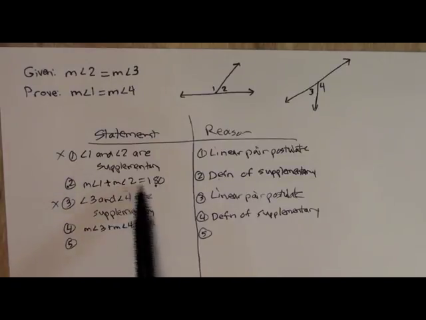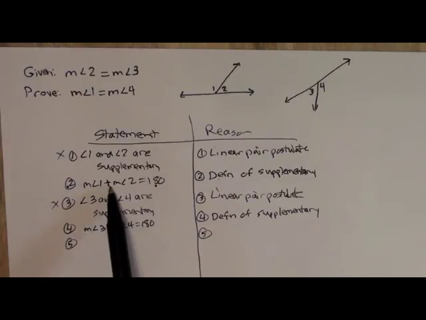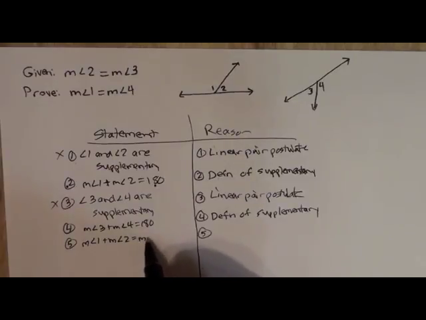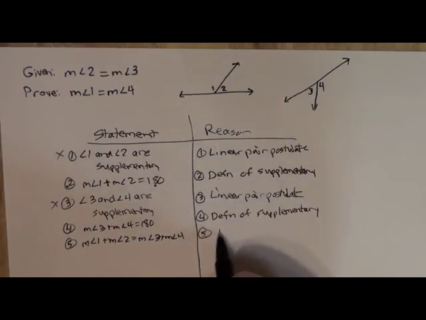Well, the fact that row 2 equals 180 and so does row 4 means that the left side of these two equations also must be equal. The measure of angle 1 plus the measure of angle 2 must equal the measure of angle 3 plus the measure of angle 4. The reason is the transitive property.